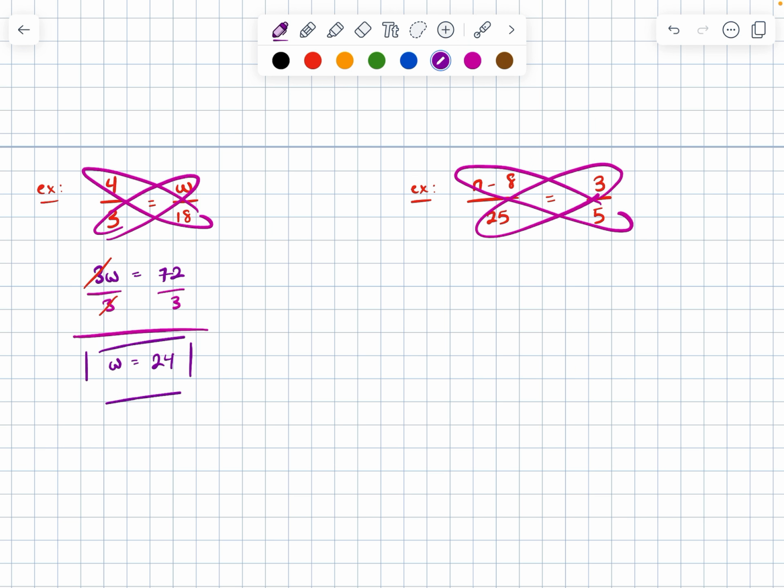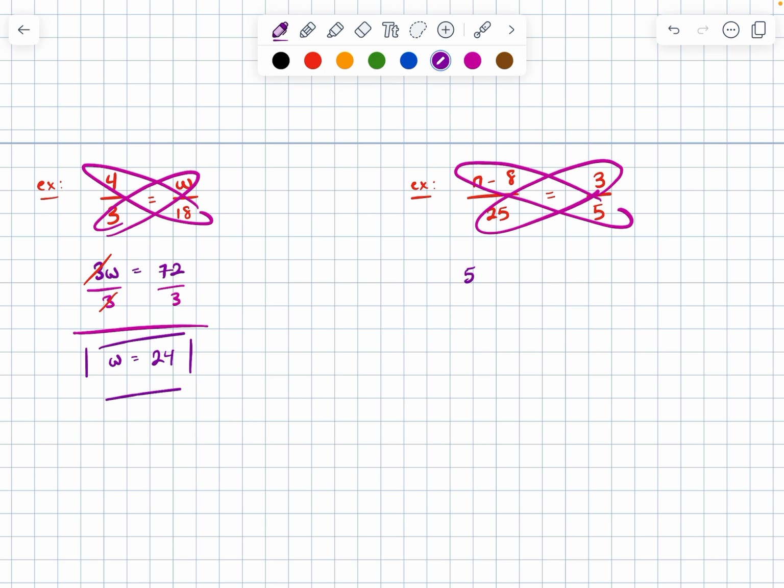What could you do to make it obvious that the entire n minus 8 is getting multiplied by that 5 there? Take 5 seconds, go. Well, if the whole n minus 8 is getting multiplied, one way to indicate that it's a unit is using parentheses. So I've got 5 times the whole quantity n minus 8, and then 25 times 3, well, that's 75.